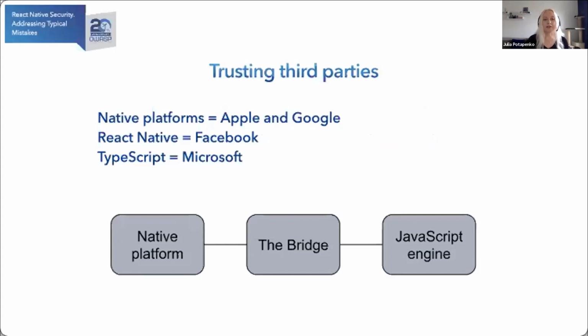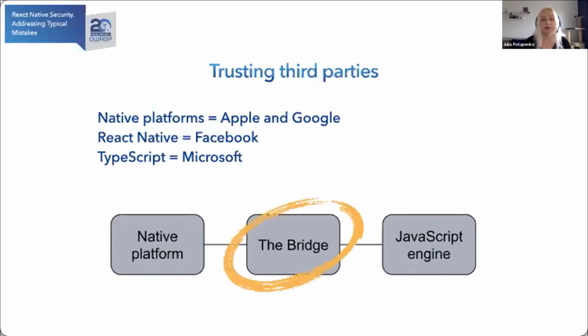When you write native apps for iOS and Android, you choose to trust Apple and Google with their systems, with their APIs. You believe that they are secure enough for your applications. And when you use React Native, you add Facebook to this list. And if you decide to use TypeScript, you also add Microsoft.